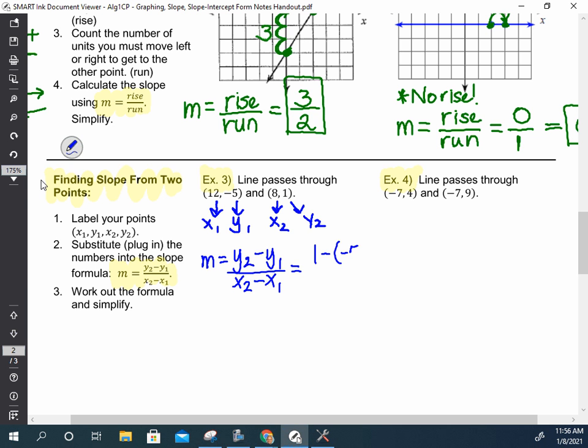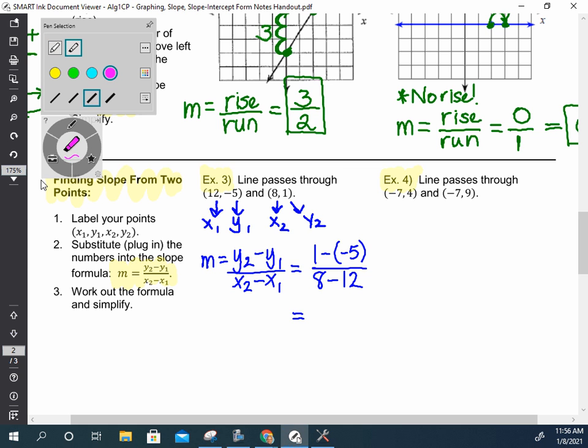So 1 minus -5 over 8 minus 12. Problem is set up. Now we solve it out. What's 1 minus -5? One minus -5 gives you 6.